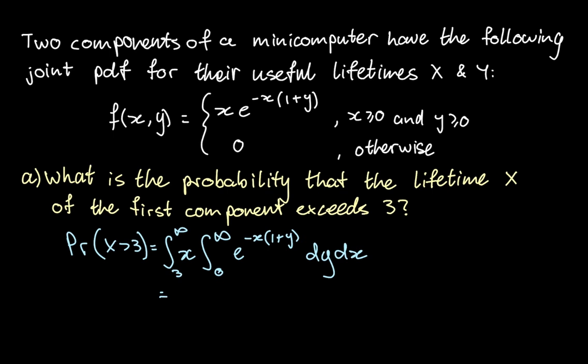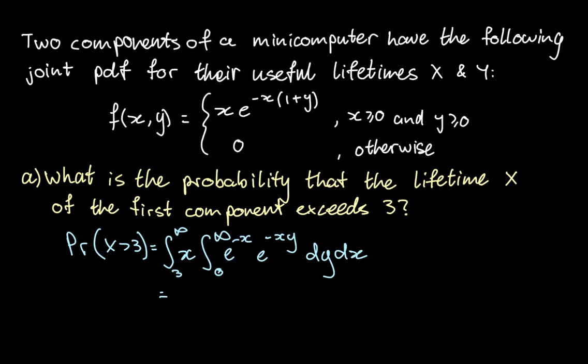Then it's also helpful to distribute this x into this bracket, because I only want to deal with y here. So doing so, I should get negative x minus xy. Now that splits into negative x times e to the negative xy.